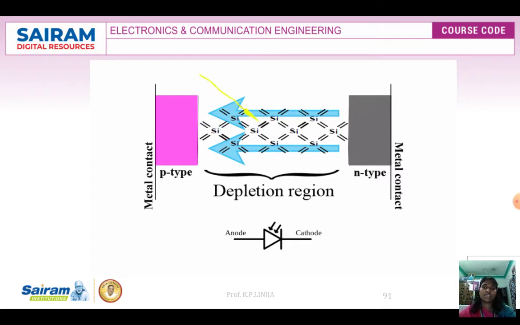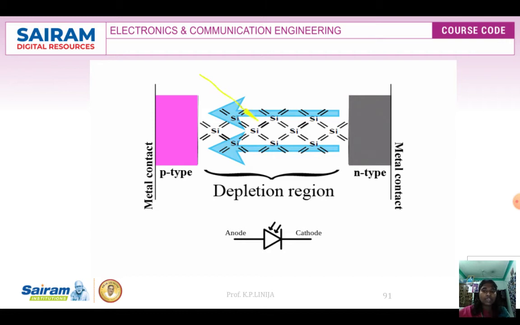Okay, here you can see the working operation in an animated way. We have placed two metal contacts, along with a p-type semiconductor and an n-type semiconductor. This silicon structure is also placed, and the depletion region is very wide, which means the width of the depletion region is more.